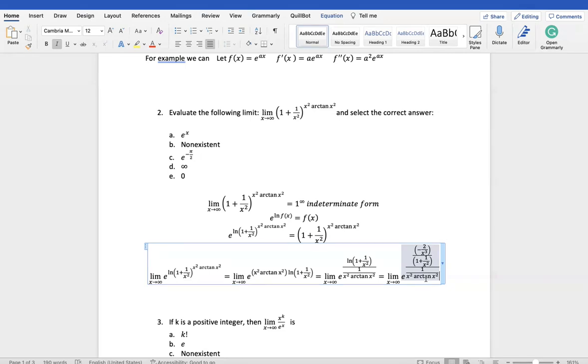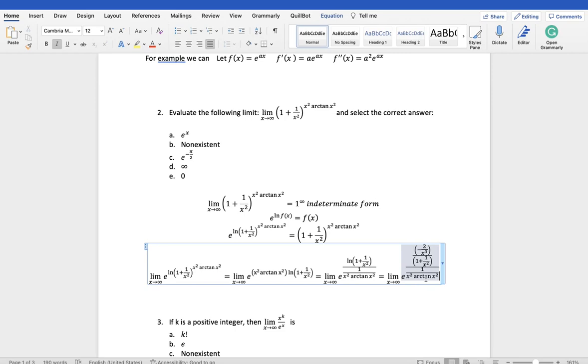My numerator is negative, open bracket, 2x arctan x squared, plus another bracket, 4x over 4x cubed over 1 plus x to the 4, close brackets, close brackets, and then over, open bracket, x squared arctan x squared, close bracket, to the power of 2.